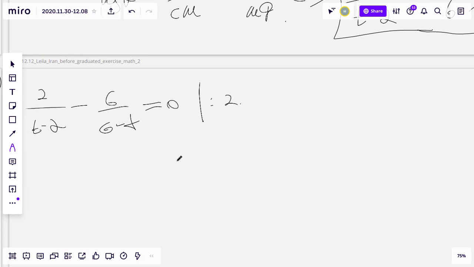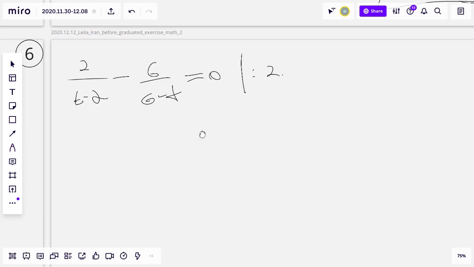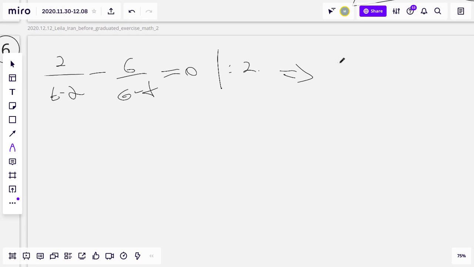Divide by 2, and then we have 12 - 2 minus 3 (6 minus t) minus 10 equals 0.